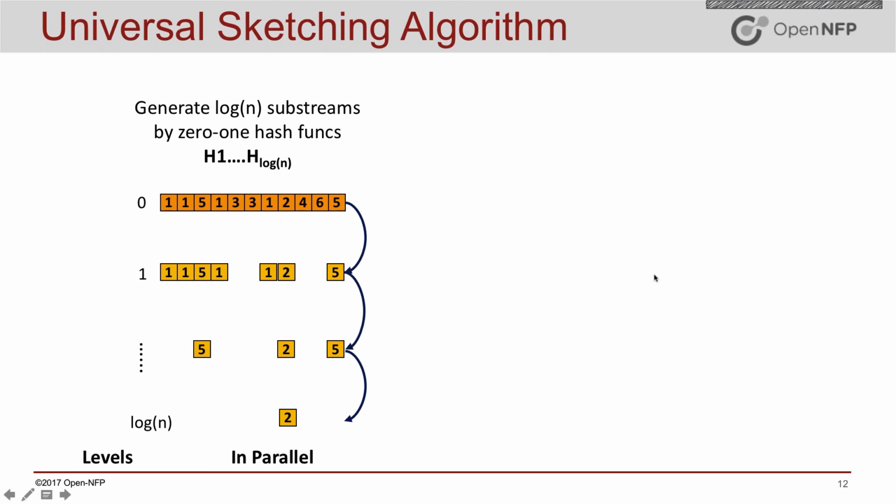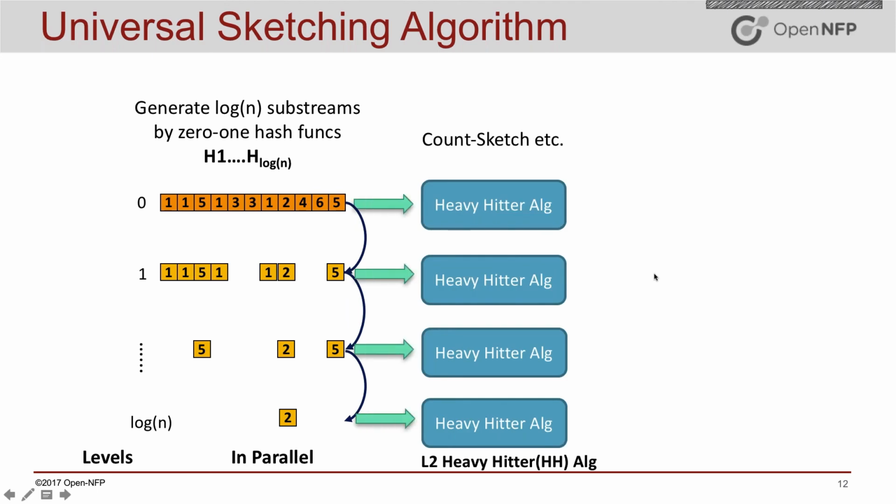For every such level, 0 through log n, you keep what is called a standard L2 heavy hitter algorithm, meaning the L2 norm heavy hitter algorithm. There are well-known algorithms for doing this. Count sketches are a classical way of doing this.